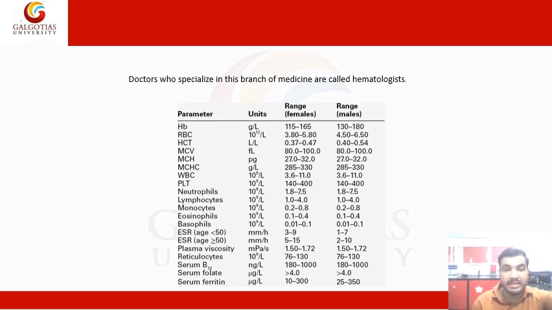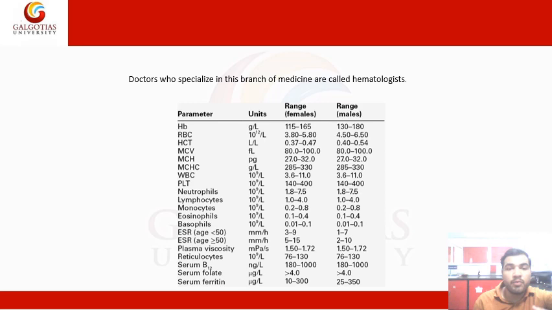What is ESR? That is erythrocyte sedimentation rate. These are the different factors we are calculating. The MCH is related to the size and color of the RBCs, and the MCHC to their concentration.